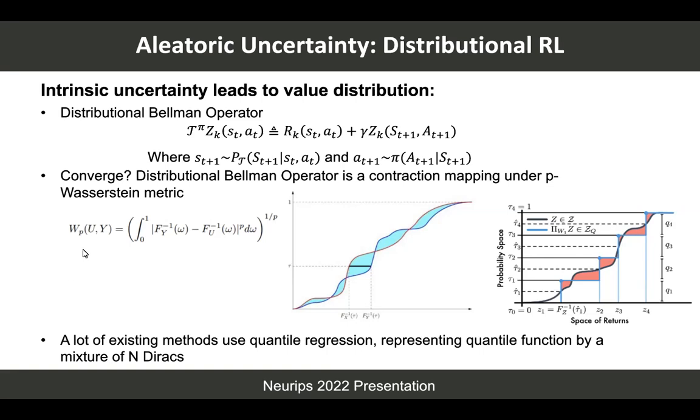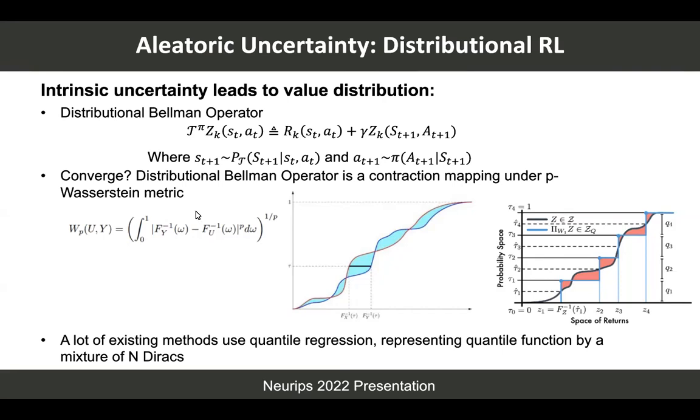It has a very nice property, already proved by some existing papers: the distributional Bellman operator is a contraction mapping under the p-Wasserstein distance. The Wasserstein distance is defined in this equation. And the picture in the middle shows an example of the Wasserstein distance when p equals 1. It's the difference between the 2 inverse CDF functions, taking their absolute value and then integrating.